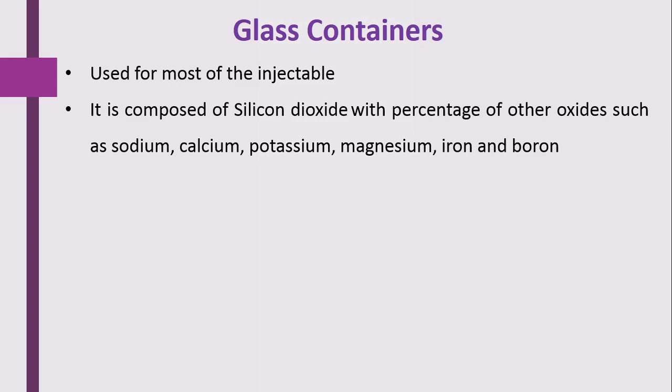Cullets are nothing but broken glass which is added at the time of preparation of the container as a fusing agent. It helps to fuse the glass material at the time of preparation of these containers.